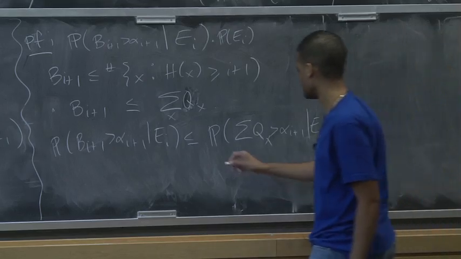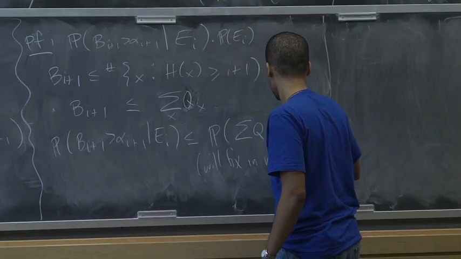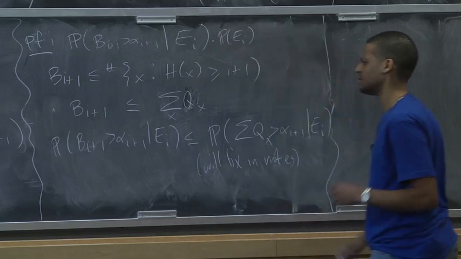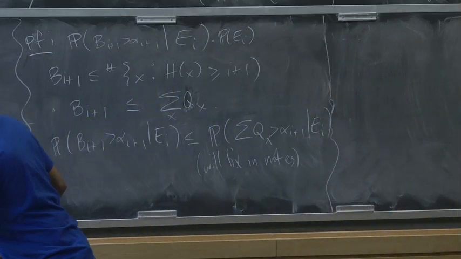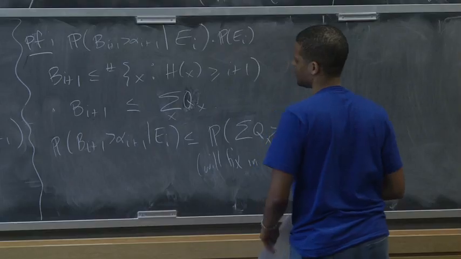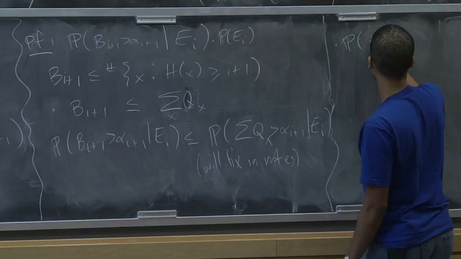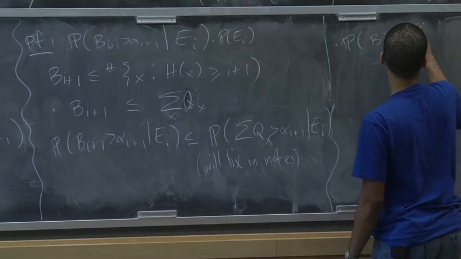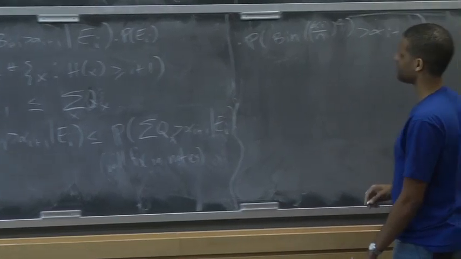Sorry, I'll have to fix this in the notes. So now, what's the probability that Bin(alpha_i, 1/n squared) is bigger than alpha_{i+1}?